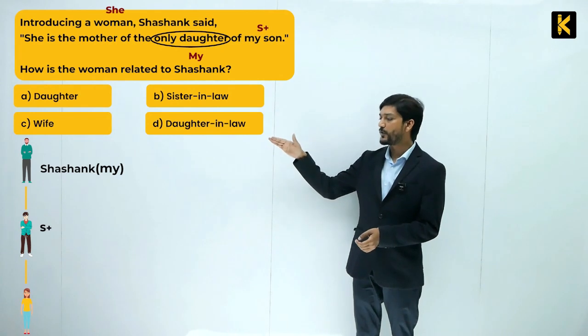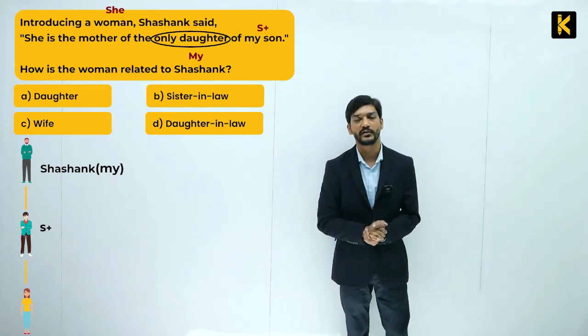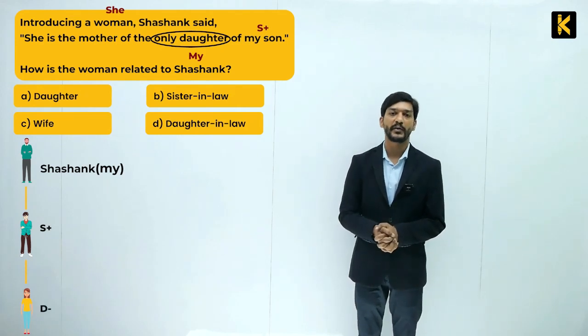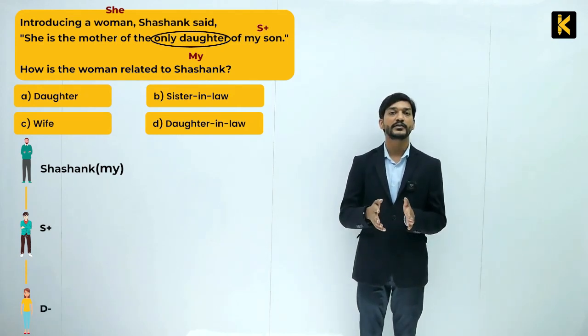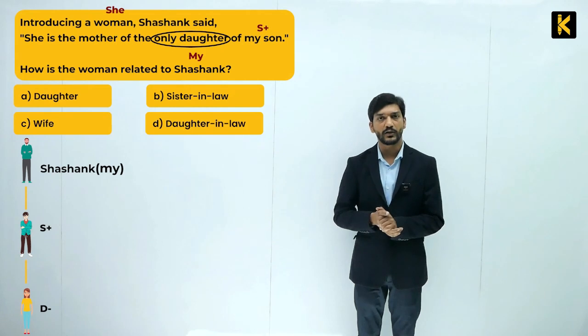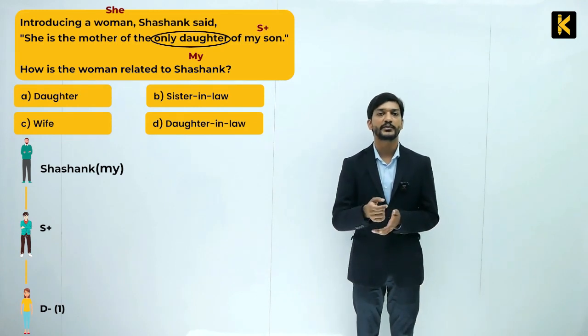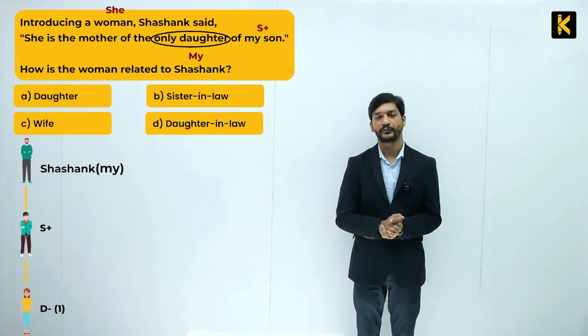So one generation below, let me show a female person and represent her with D minus. Because she is the only daughter, let me write 1 in the bracket. 1 is just telling you that this person is the only daughter.